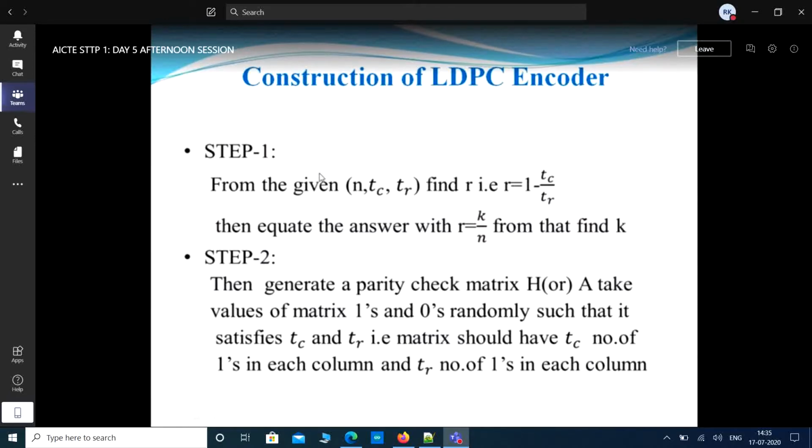Like here, the first step in the construction of the LDPC encoder: N comma TC comma TR is the general representation of an LDPC code. So from the given N, TC, TR, first determine the code rate.